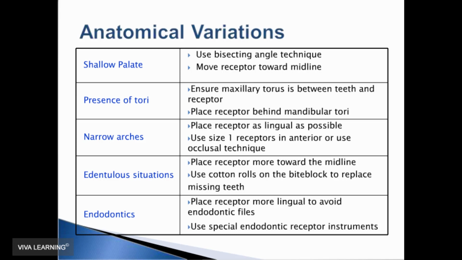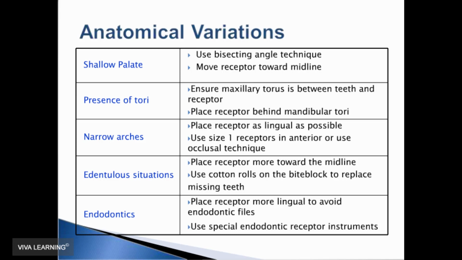The receptor must be moved away from the teeth in order to get to the deepest portion of the mouth. If the patient has tori, it is very important not to place the receptor on the torus. As I stated earlier, I have tori in my mouth.